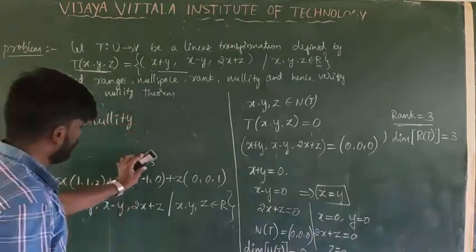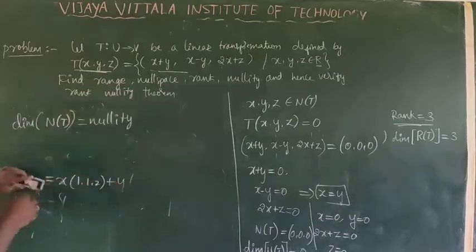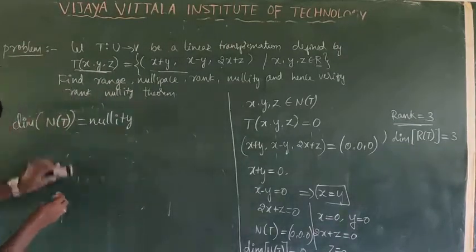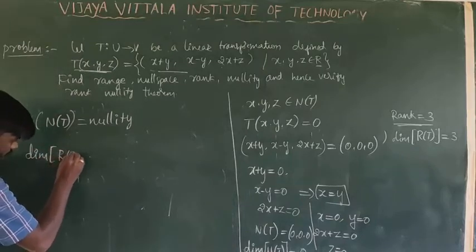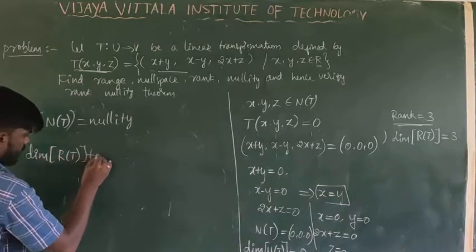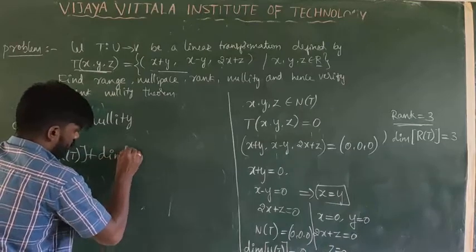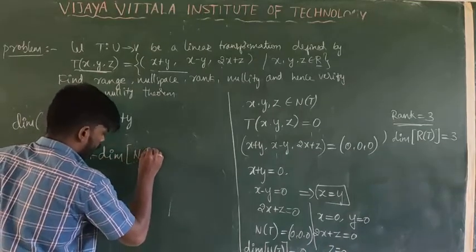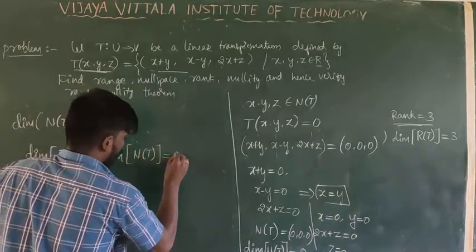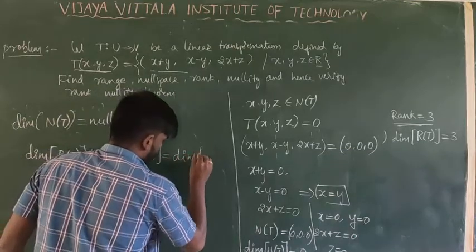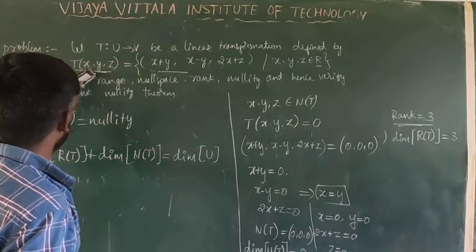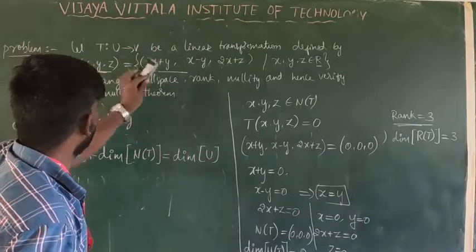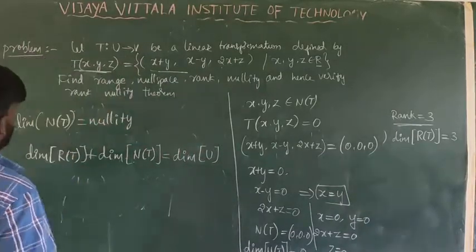The rank nullity theorem states that the dimension of the range space R of T plus the dimension of the null space N of T equals the dimension of U. Here the dimension of U is 3, since U to V is a 3-dimensional vector space.